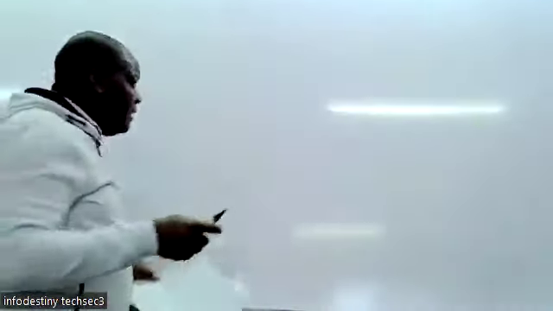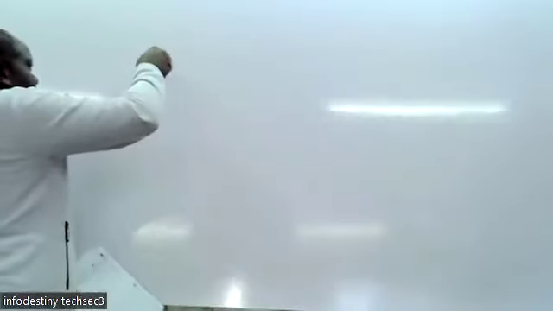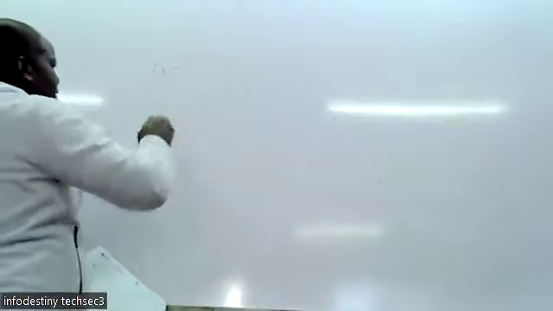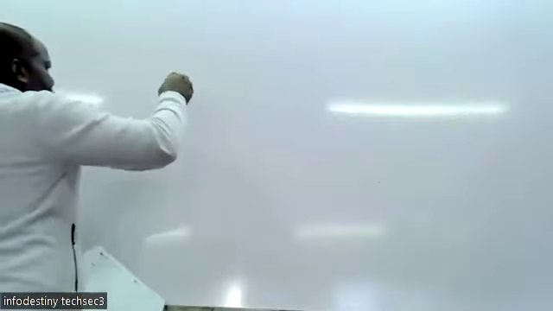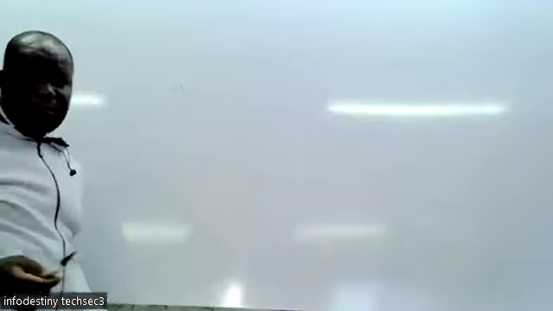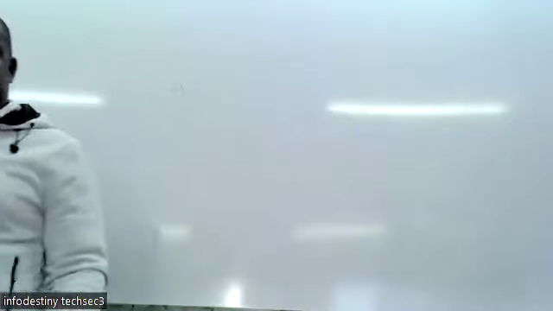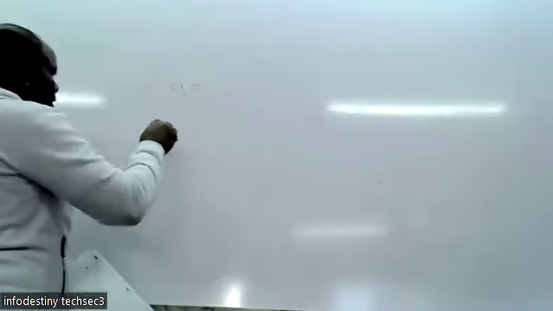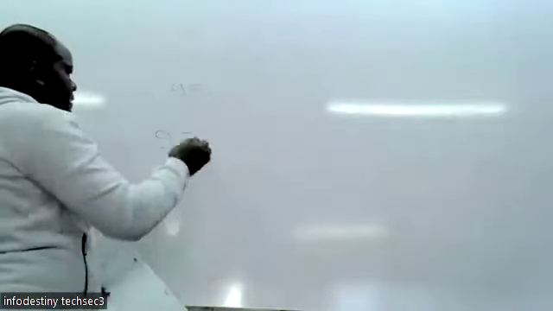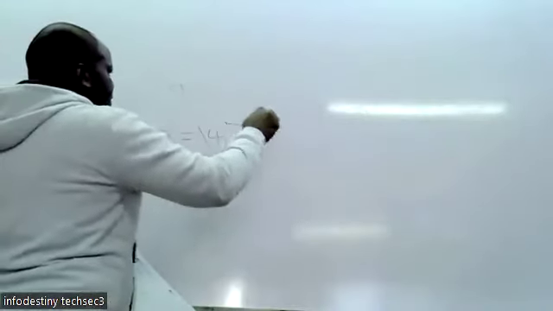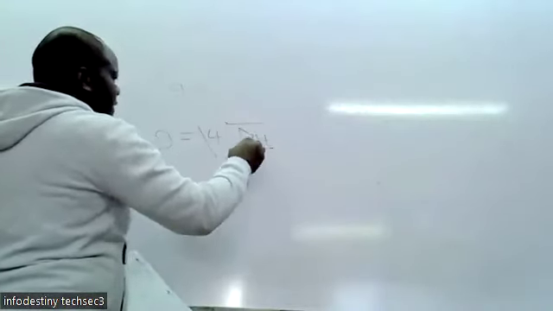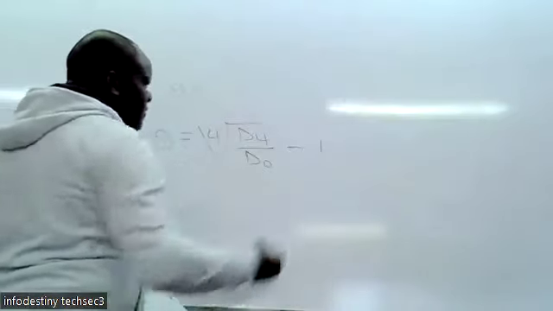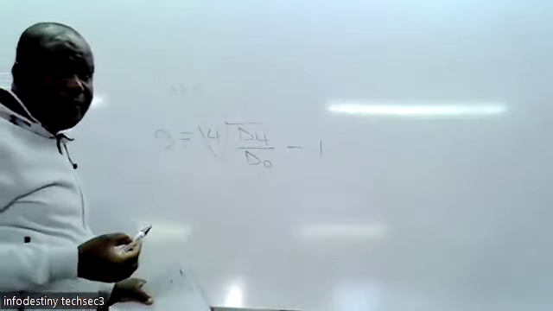That means our G, the constant growth rate, should be given by D4 divided by D0, all to the power of one quarter, minus 1.